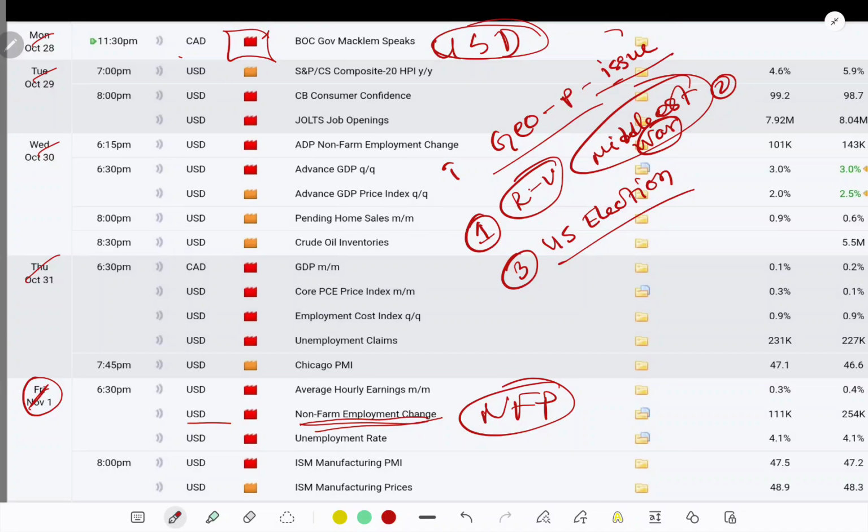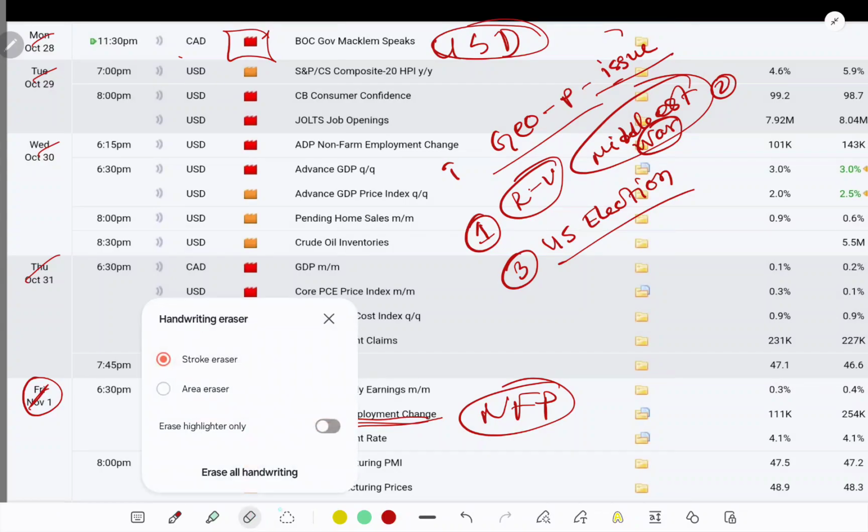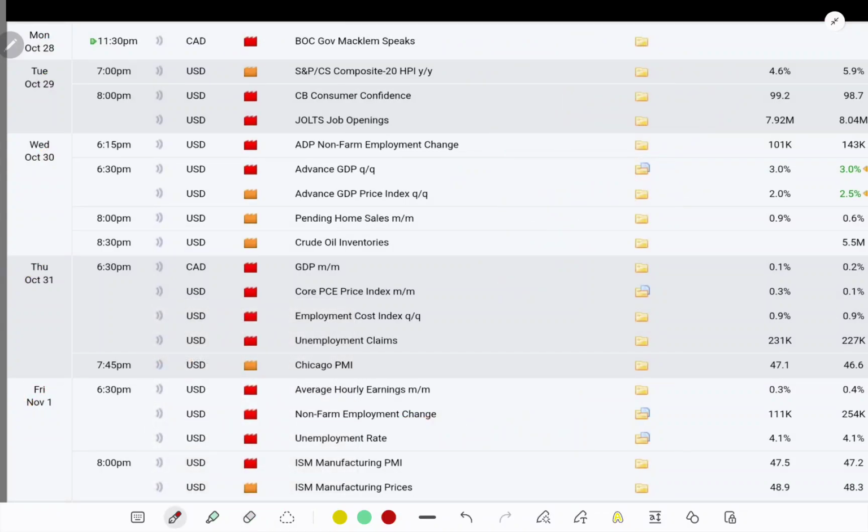There are three major things happening around the world, so we have to keep our concern on these three major areas: US election, Middle East war, and Russia-Ukraine war.